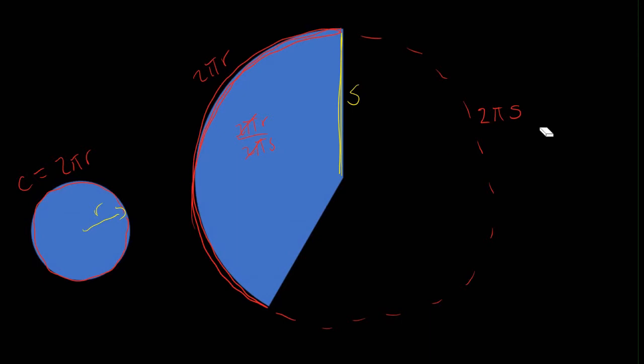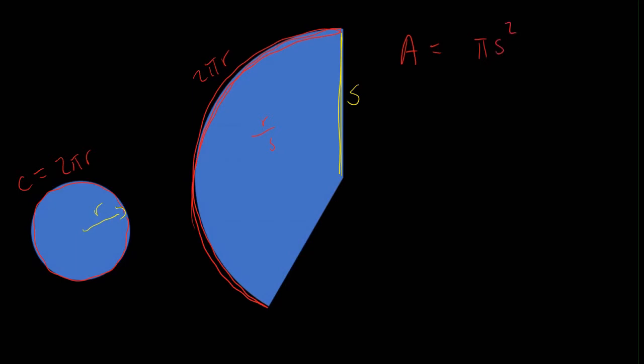So now we could work out what area we have here. Let me just delete the rest of my circle now that I've got that fraction sorted out, and delete the two pi's. So we get r over s of a big circle. And the area of that circle would be equal to pi s squared, because s is the radius.